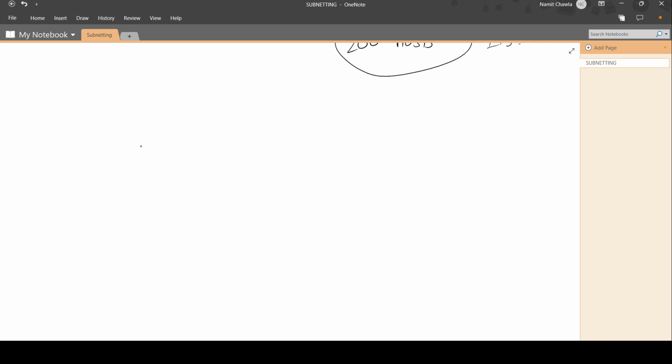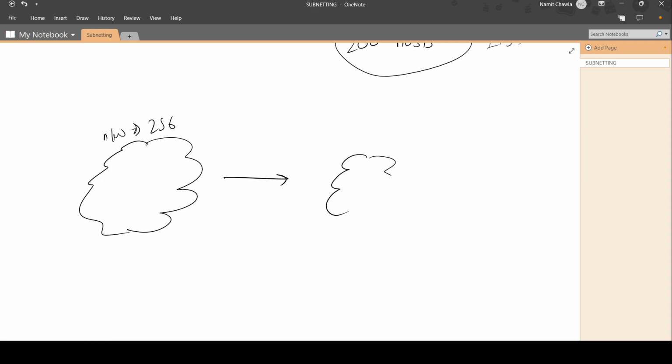Again, the same scenario: there is a network in which the total number of hosts is 256, but we can try to divide this one bigger network into two smaller networks. So this can be network 1 and this can be network 2. Same network, same value range, divided into two smaller networks.